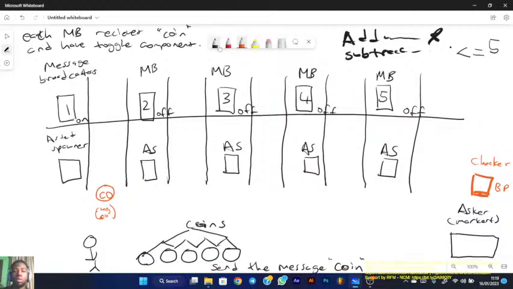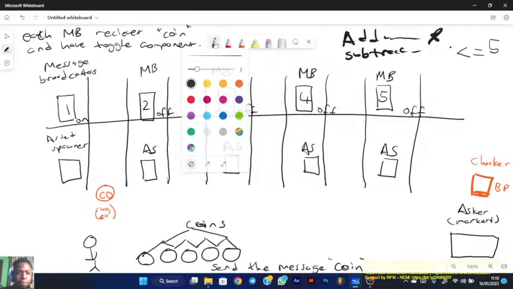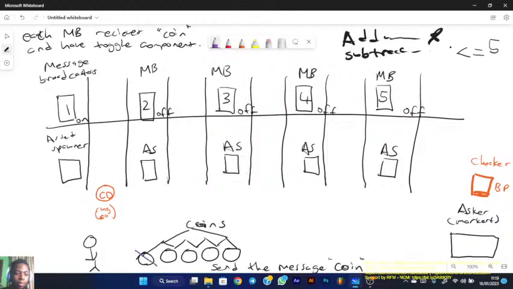So what is going to happen here is that when the player collects one coin, it sends the message coin, which is received by this message broadcaster that is on.